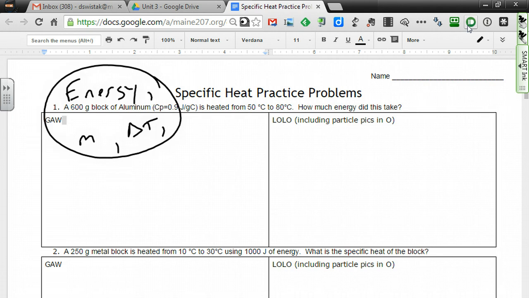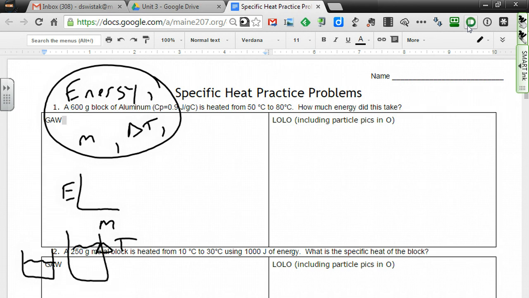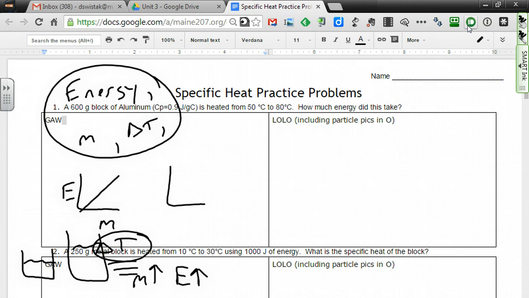If I look at the difference between mass and energy, if I want the same change in temperature, and I have one mass that's small and one mass that's big, it takes more energy to heat the big thing and get the same change in temperature. So as my mass goes up, my energy goes up, and the important thing is that change in temperature needs to be constant. So these two are directly related.